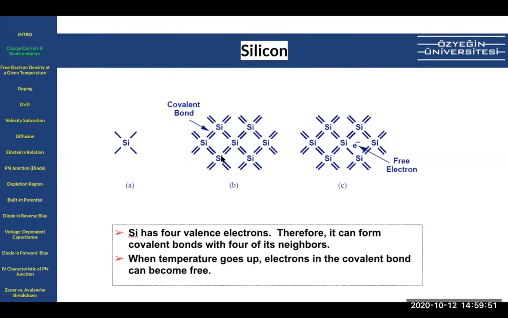When the temperature goes up, the electrons in the covalent bonds can become free, which means they get excited by the heat and the bonds get broken, and these electrons start to become free agents, right? When these electrons become free agents, they cause currents at some point, because the flow of electrons causes the flow of currents.